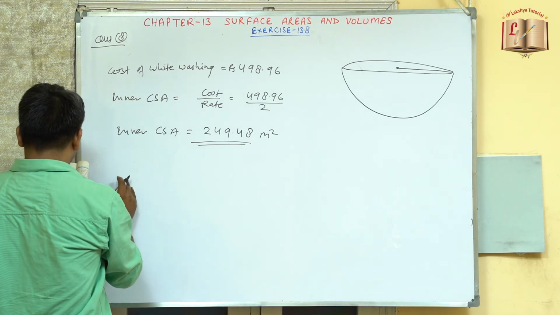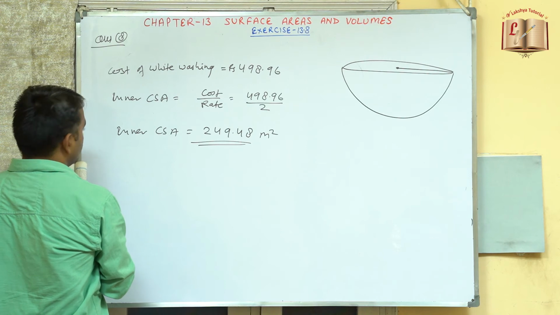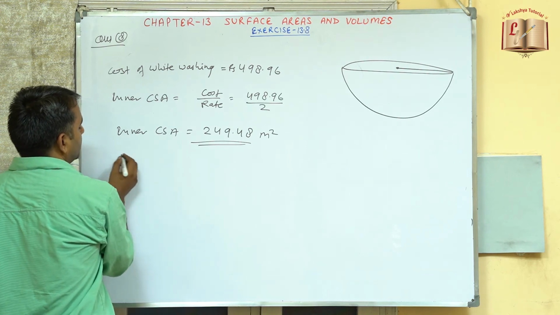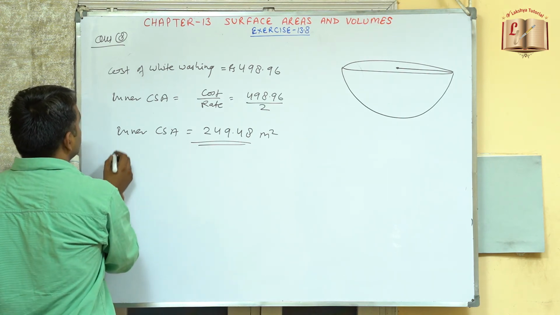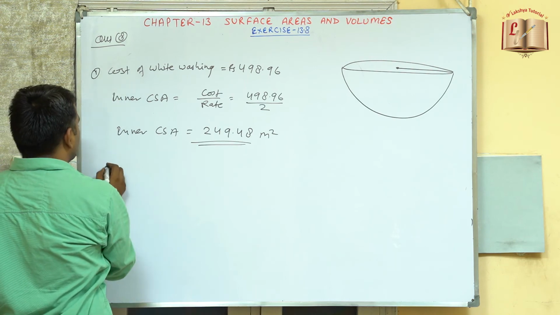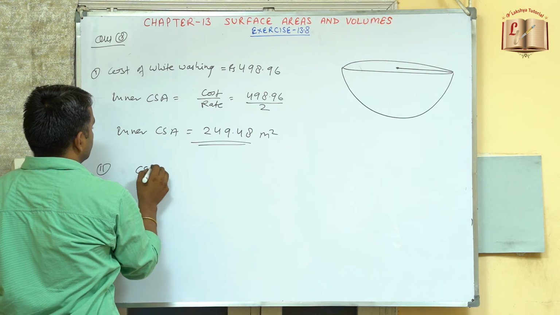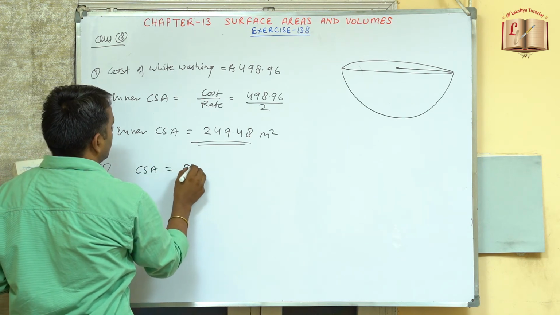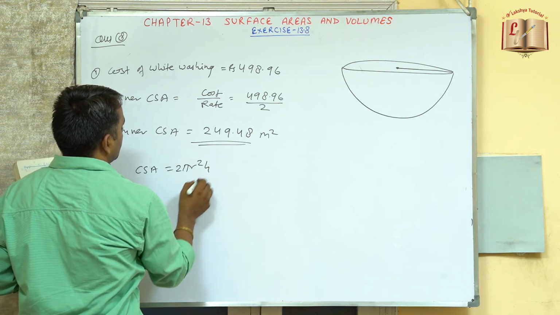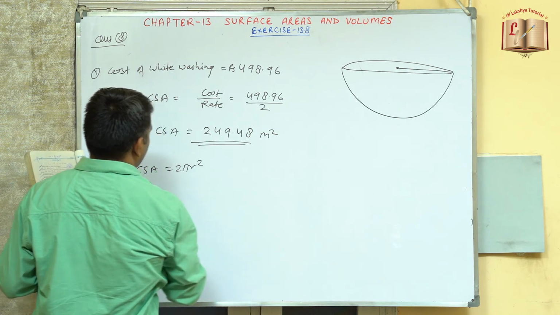Now we need to find the volume. So first of all, to find the volume, we need to find the radius from the CSA. For the second part, CSA is equal to 2 pi r square.